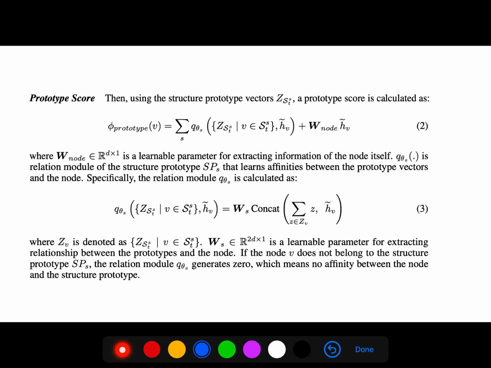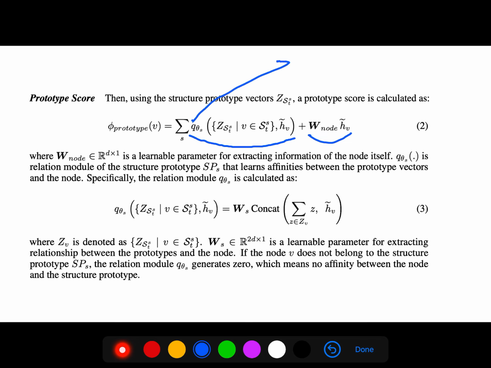Then using the structured prototype vectors, a prototype score can be calculated. Because it's Q theta of this plus W node H sub V. And W node is just a learnable parameter.